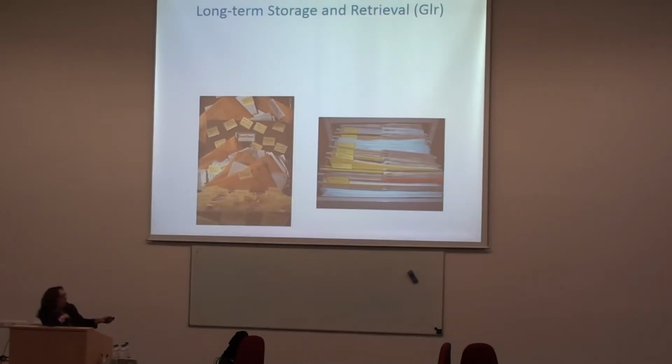Some people have filing cabinets that look like this, right? So let's assume that both filing cabinets have the same information in them. If I send you to the filing cabinet on the left and ask you to find a very specific document, it would probably take you much longer to find it here than if I sent you here, right?